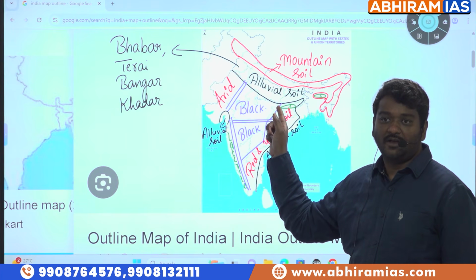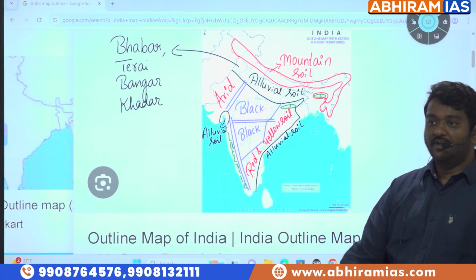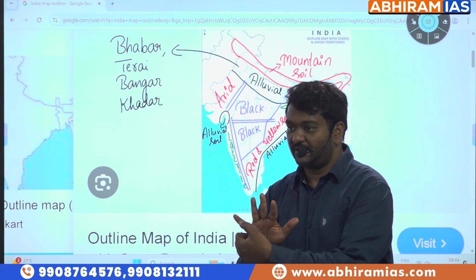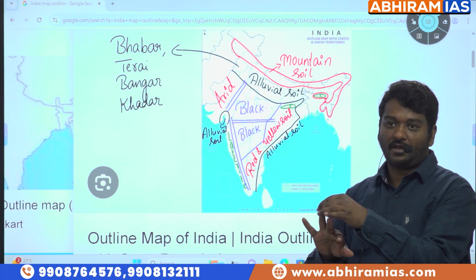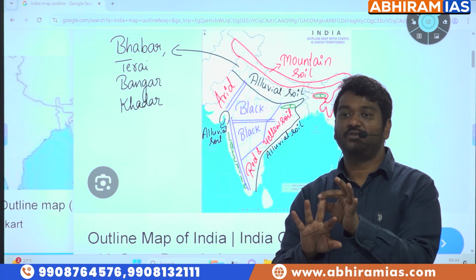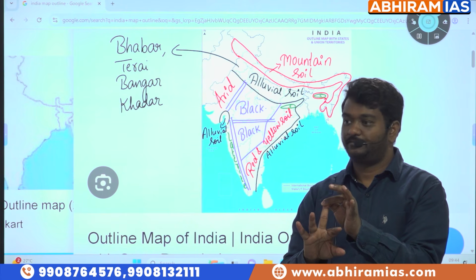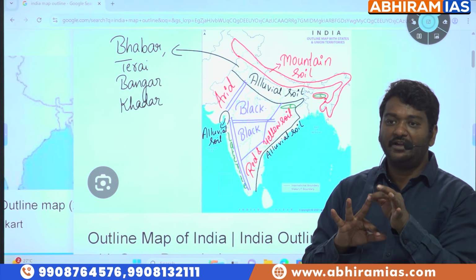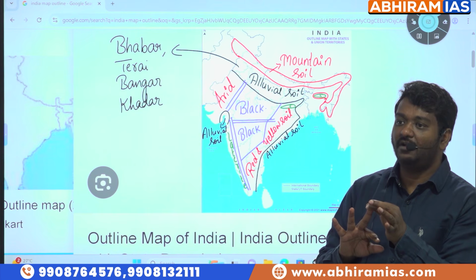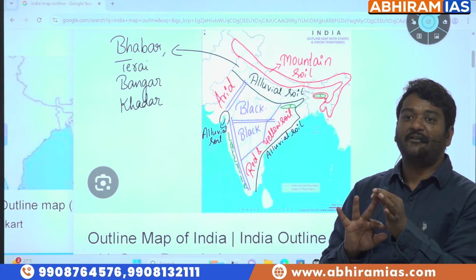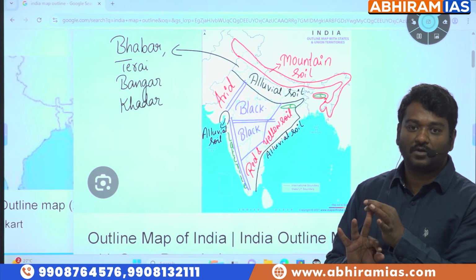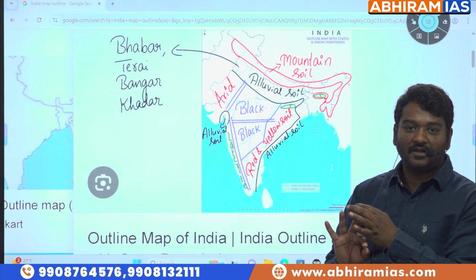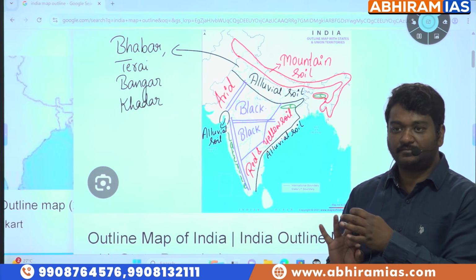What do you have? Red and yellow. Guys, wherever red and yellow is there, laterite is there, arid is there, iron ore is there. Okay, laterite, red and yellow, and arid. Which one? Iron ore. That is the reason they are red in color. Red and yellow is because of chemical weathering.